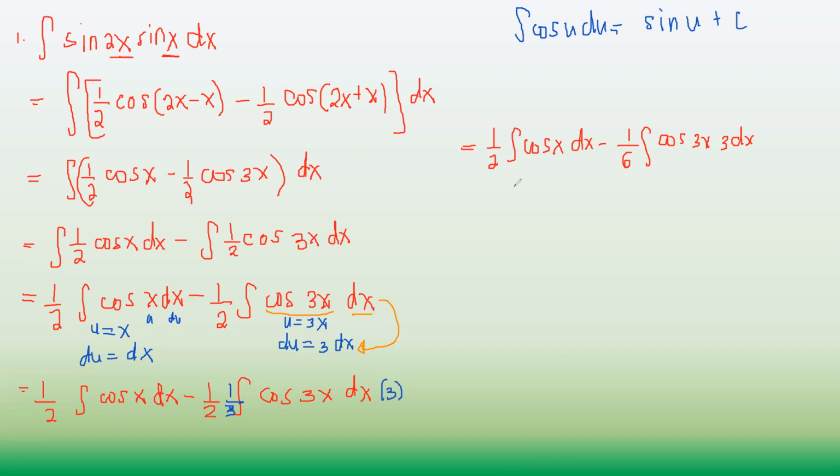The first one is already cosine u du, integrable. This one is also cosine u du, also integrable. So you can integrate it. It becomes sine u. So you will have 1/2 sine x, since your u there is just x, minus 1/6 sine 3x plus c. So we have 1/2 sine x minus 1/6 sine 3x plus c.